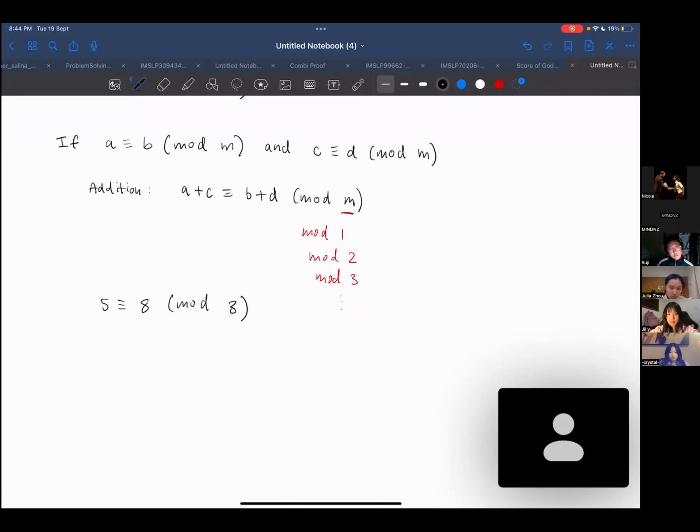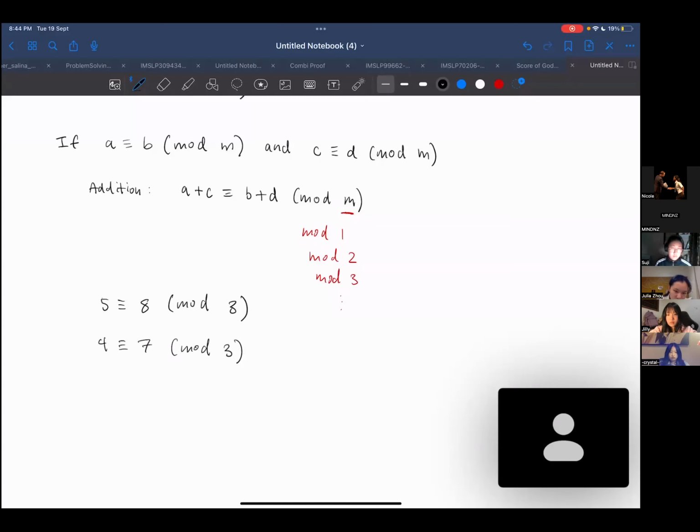And then we have another congruency, 4 is congruent to 7 mod 3.